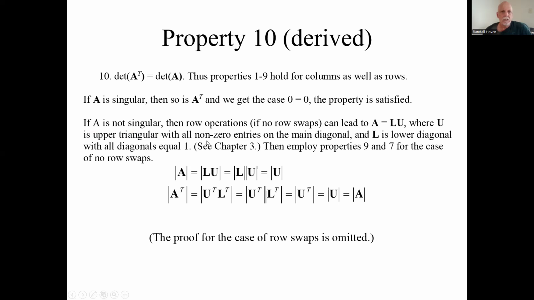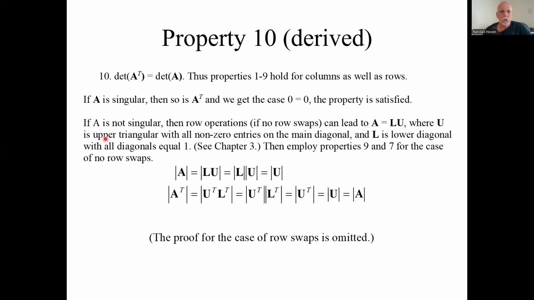If A is not singular, then you can do row operations without row swaps anyway. It says you can break up your original matrix A into a lower triangular matrix and an upper triangular matrix.